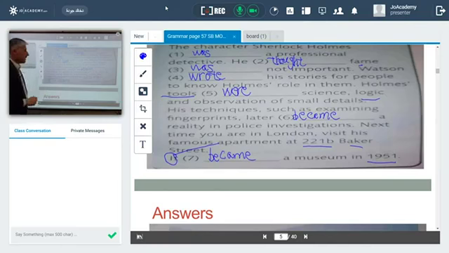It became a museum in 1951. So now we have finished the exercise, page number 57.